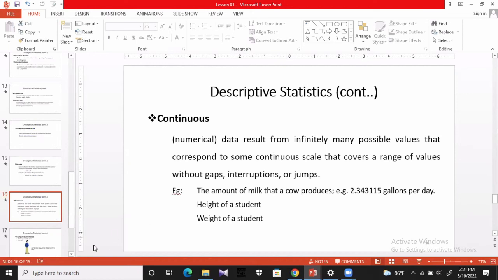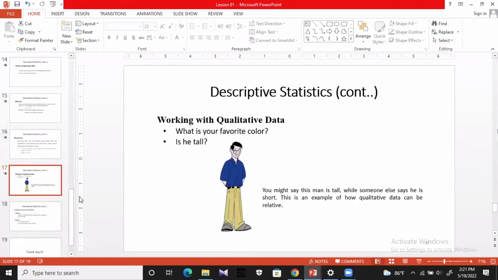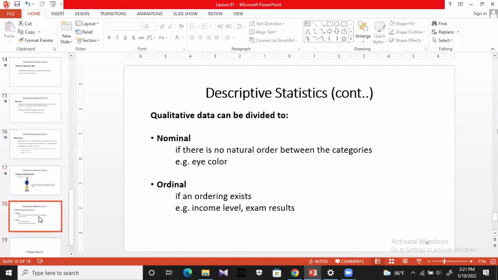Is that clear? Okay. Qualitative data can be further divided into nominal and ordinal. In nominal data, there's no natural order between the categories, but in ordinal data there is a natural order between the categories, like income level and exam results. For example, take two students from your batch.